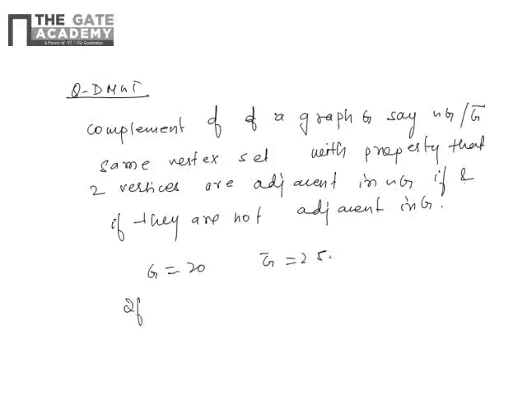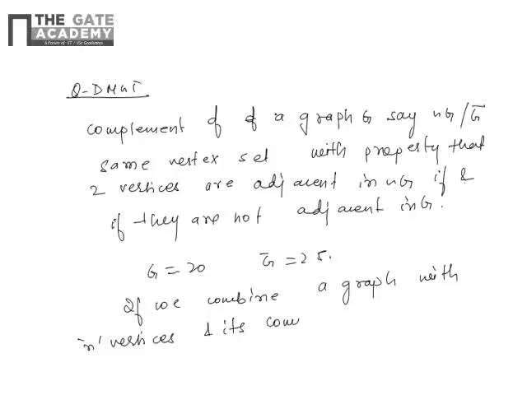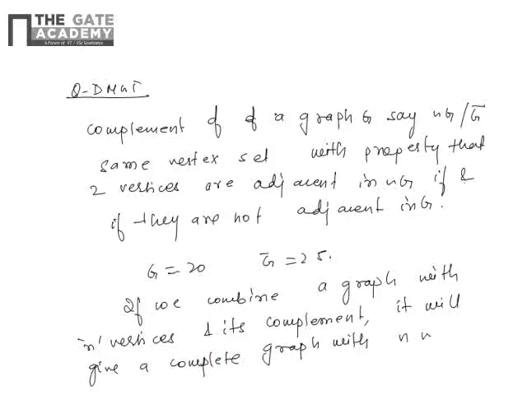So if we combine a graph with n vertices and its complement, it will give a complete graph with n vertices.